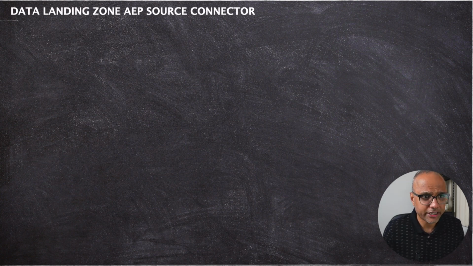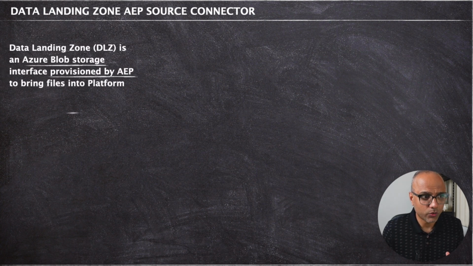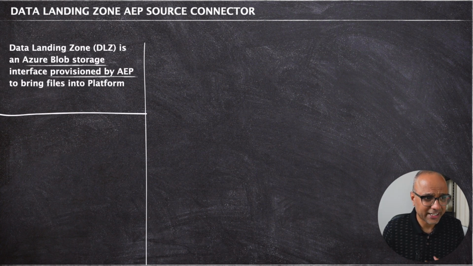Right, so now that we understand what data landing zone is in context of Experience Platform and its setup and license and limitation, let's see how it's all wired up and the output of all this feature. Right, so first things first, we've already understood what data landing zone is and how it's provisioned.